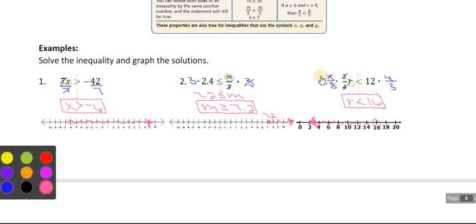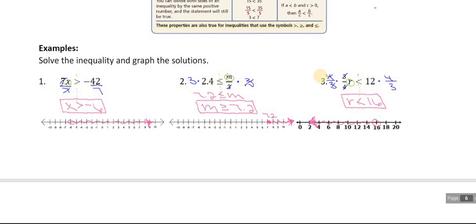Another way that we could go about doing number 3 would be, we could write this as 3r over 4 is less than 12. So you could start off by multiplying both sides by 4 to get rid of that divide by 4. So now you have 3r is less than 48.